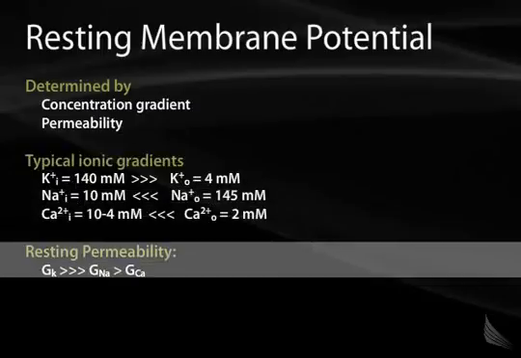The permeability at rest, however, of the myocyte for potassium is much greater than that of sodium or calcium. Therefore, it is the potassium gradient that primarily sets up the resting potential. It's potassium that's responsible for the generation of the resting potential in cardiac myocytes.